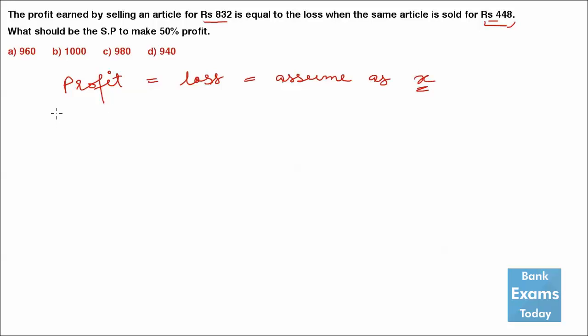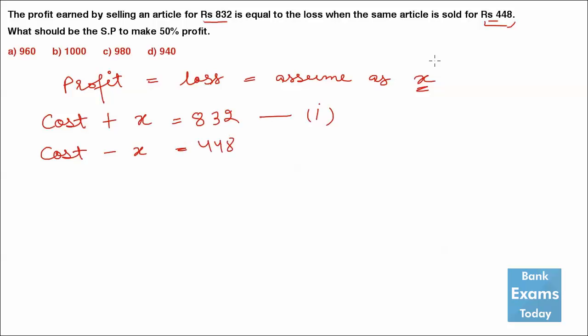So in the first case, the cost price of the article plus the profit, that is X, is equal to 832. And in the second case, cost minus the loss, and the selling price is 448, that is the second case. Let's just add them. X is gone.